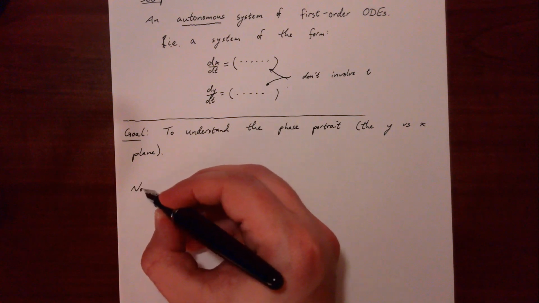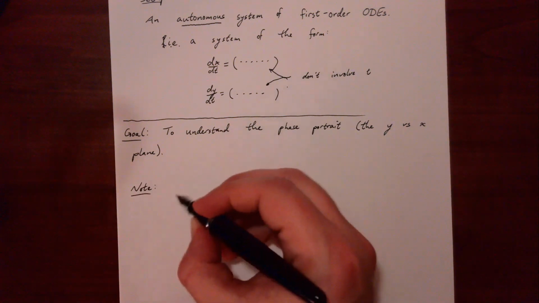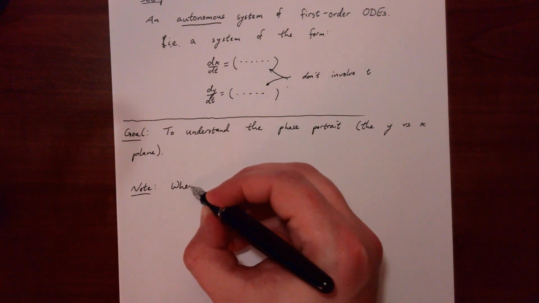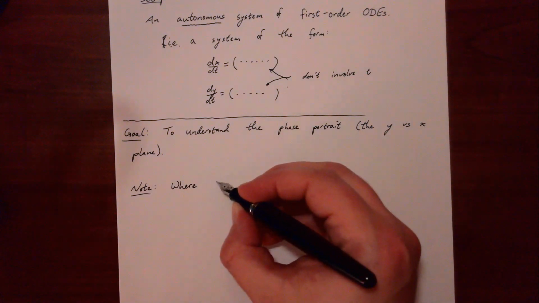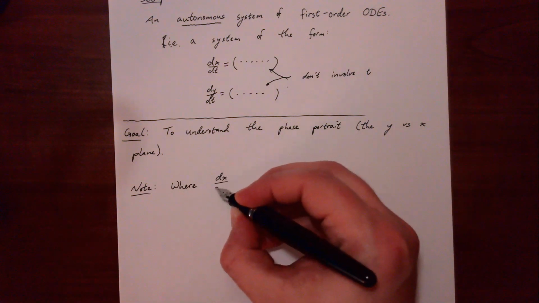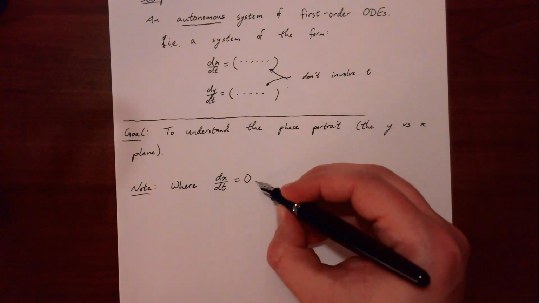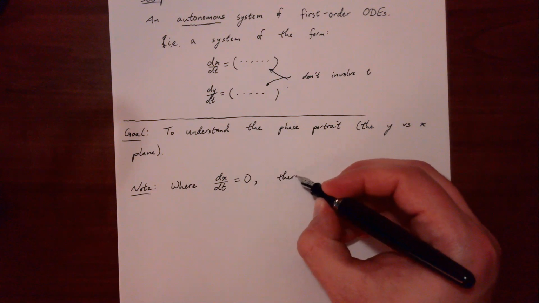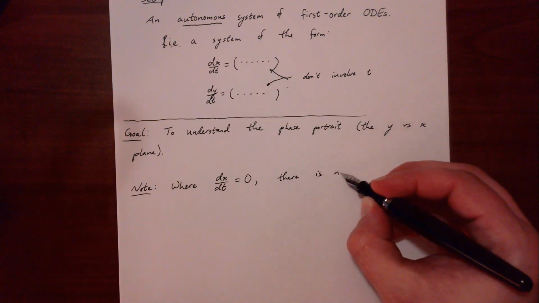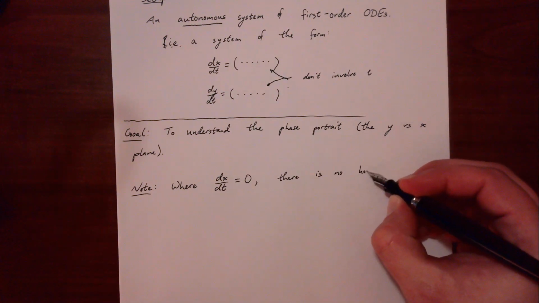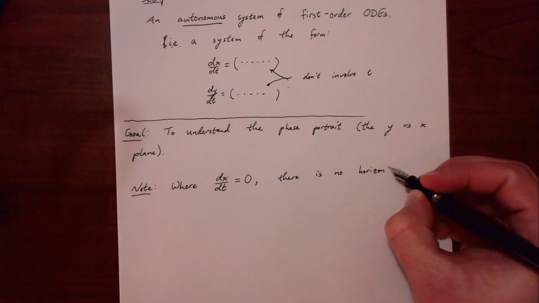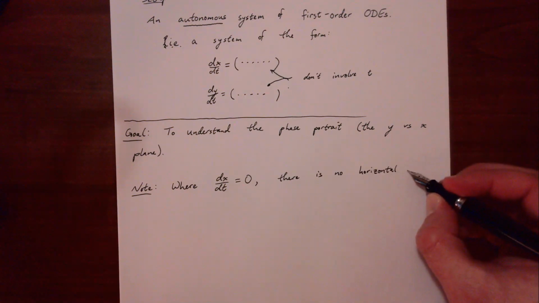So note, where dx/dt equals 0, there is no horizontal movement.